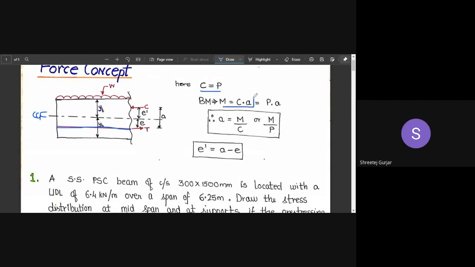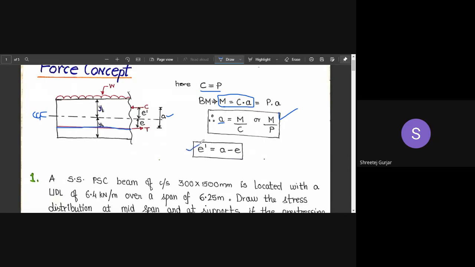We know that M is equal to C into A. If you want to calculate this lever arm A, it will be M by C, or else you can follow M by P. Both will give you the same answer because C is equal to P. So we can calculate the lever arm using this, and then you can calculate E dash.